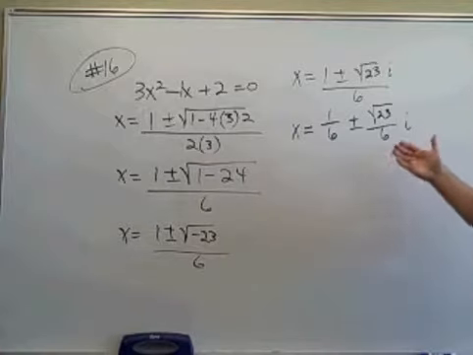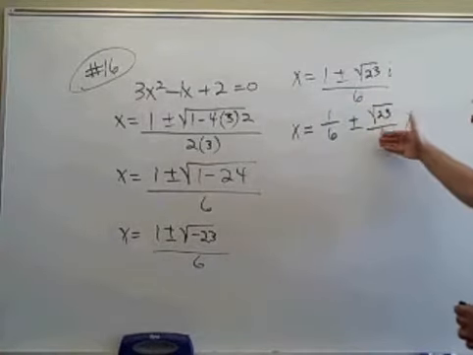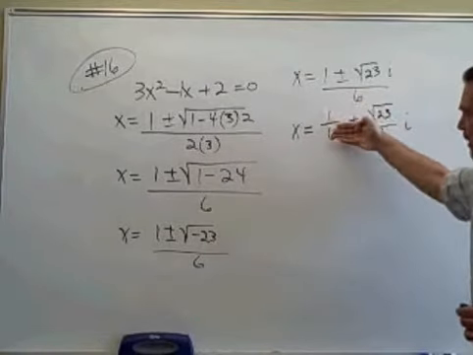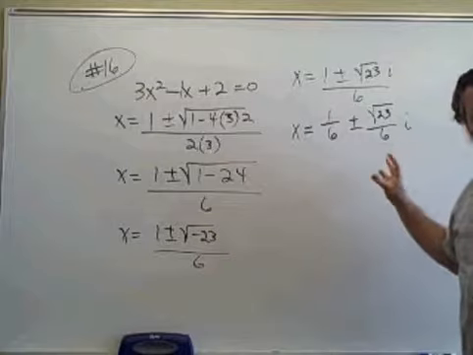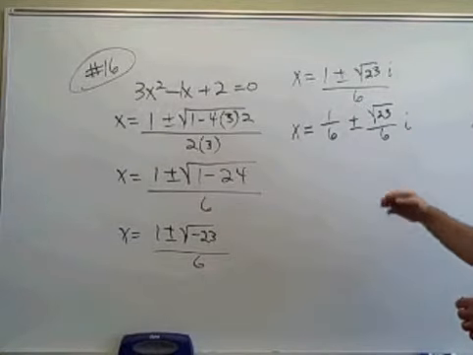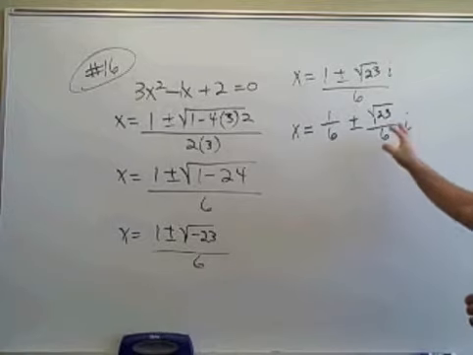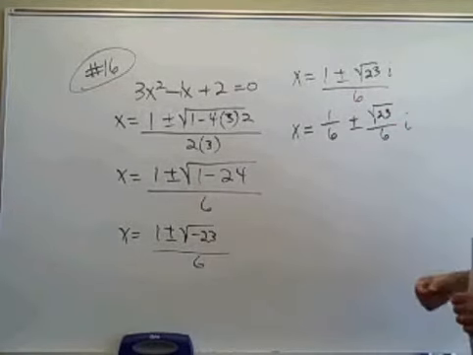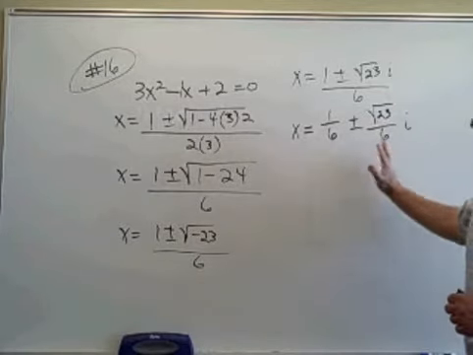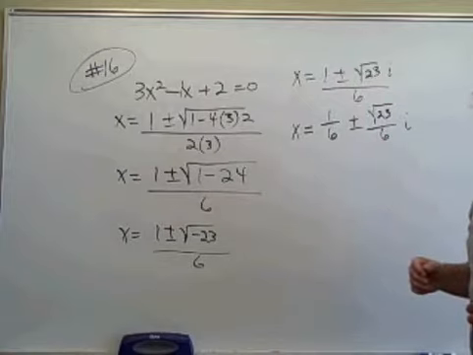The reason we do this with complex numbers is so we identify the two parts, the real number part and the imaginary number part, which always comprise complex numbers. There's always a real number part and an imaginary number part. So we want to write it so that those are distinctly shown when we write the solutions. That's why we always separate it into the two separate fractions rather than leaving it as one big fraction.